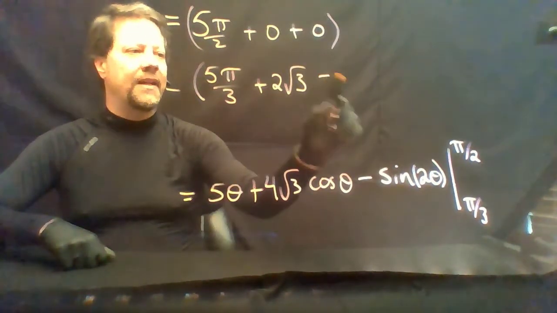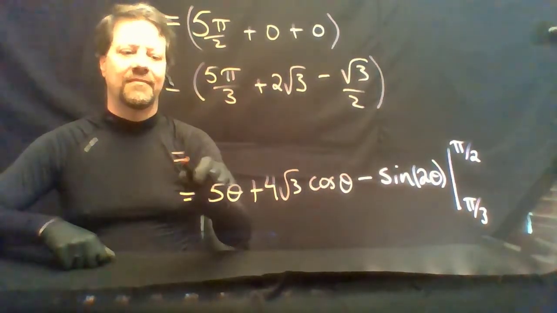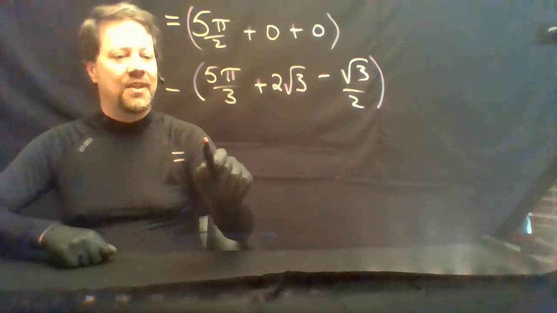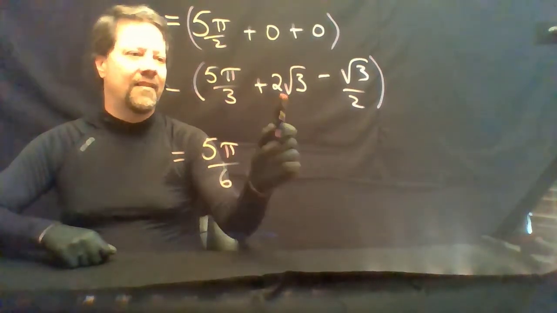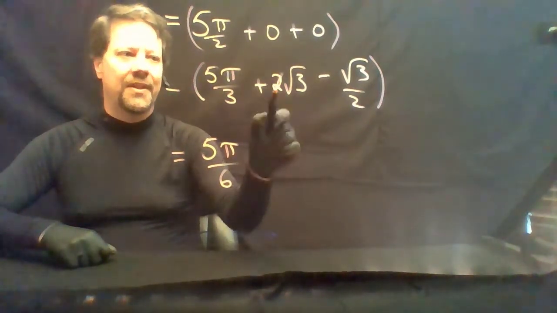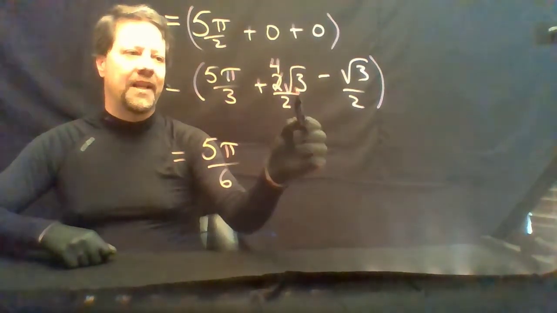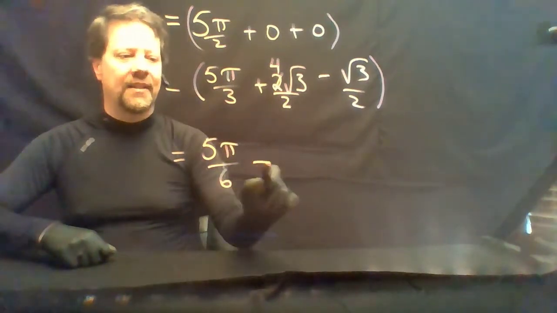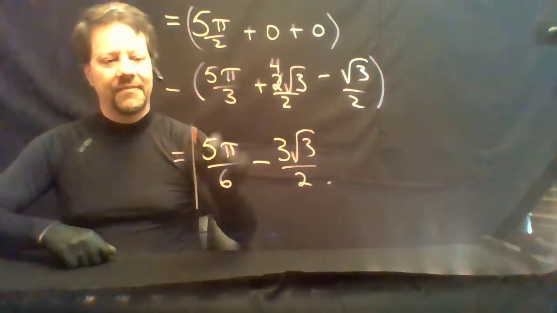We get minus root 3 over 2. 1/2 minus 1/3 is 1/6. So we have 5 pi over 6. Perhaps we shouldn't have canceled the 2 here, written this 4 over 2 times root 3. 4 of them minus 1 of them is 3 of them, and we're subtracting, we get minus 3 root 3 over 2.